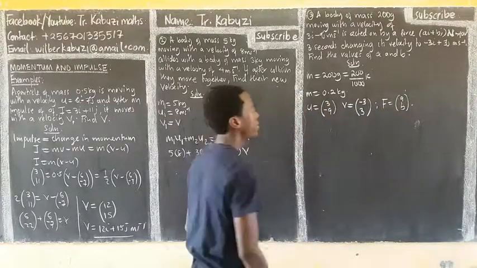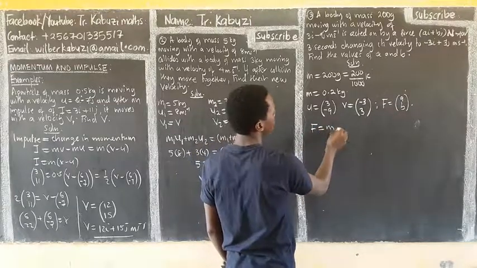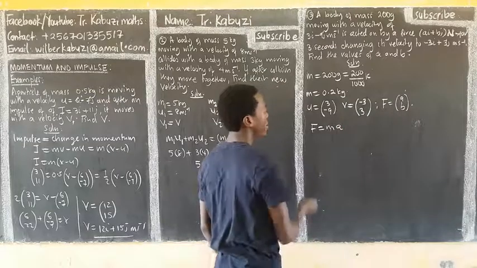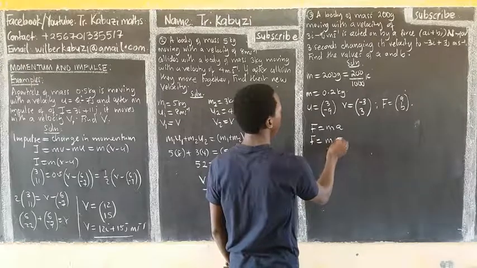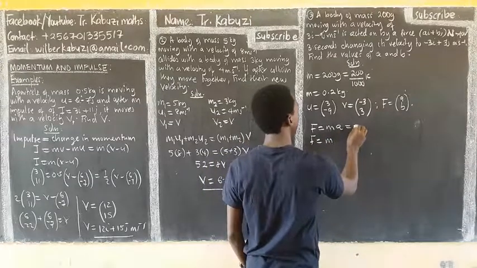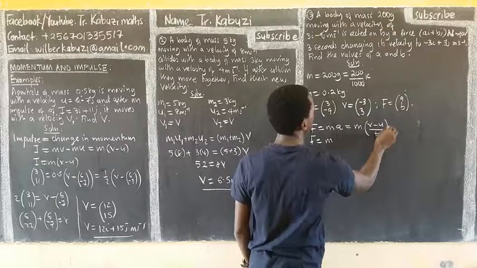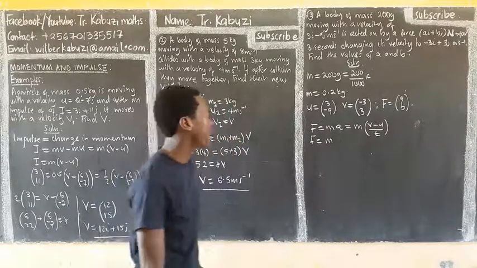What do you think we are going to use? Newton's second law, F equal to ma. Our acceleration is the change in velocity over time. So our F from here is going to be m into (v minus u) over t.